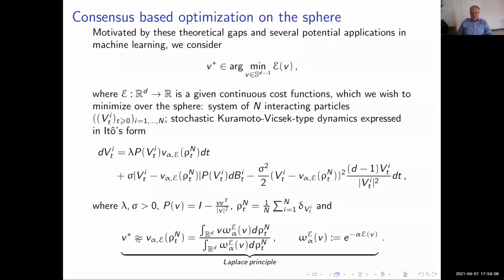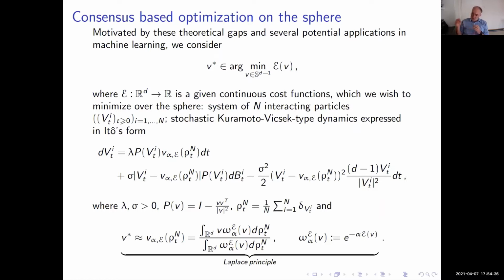And this center of mass is called V alpha, and it is computed as a weighted center of mass of the particles, where the weight given to a certain particle is inversely proportional to an exponential of the objective function that you want to minimize.